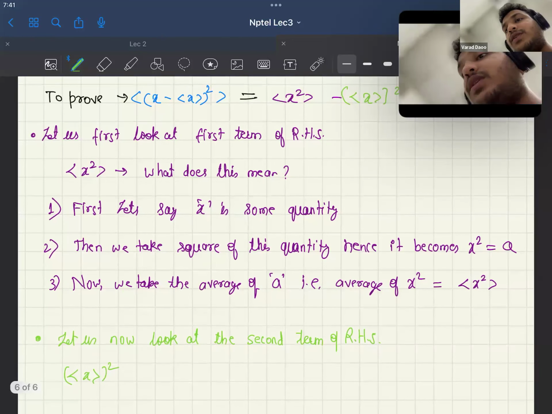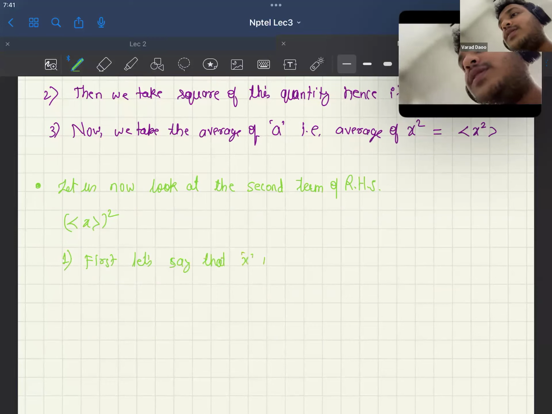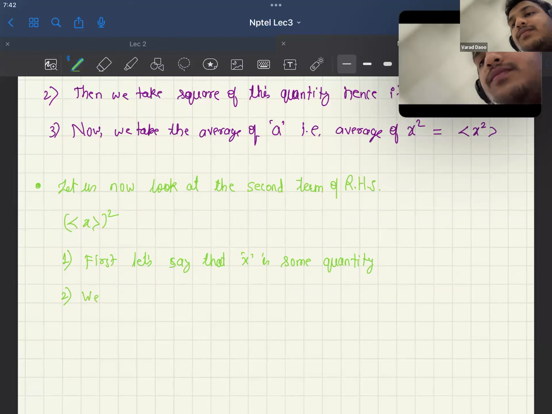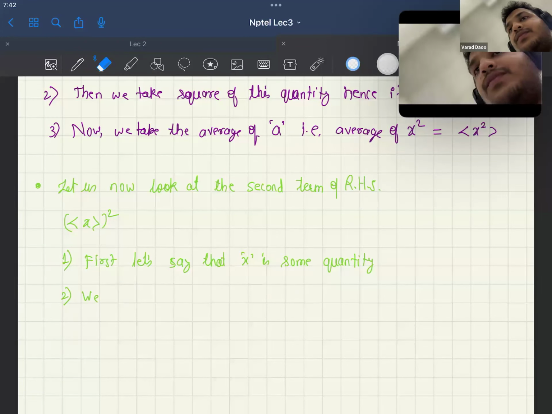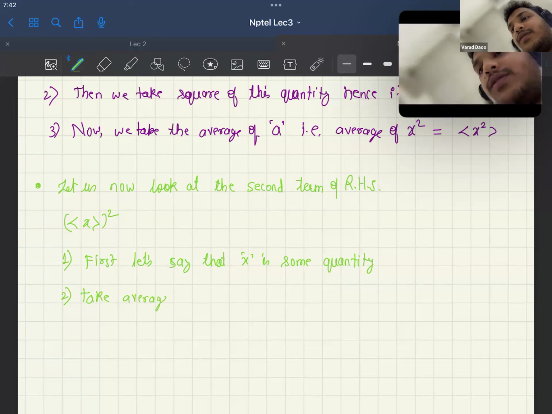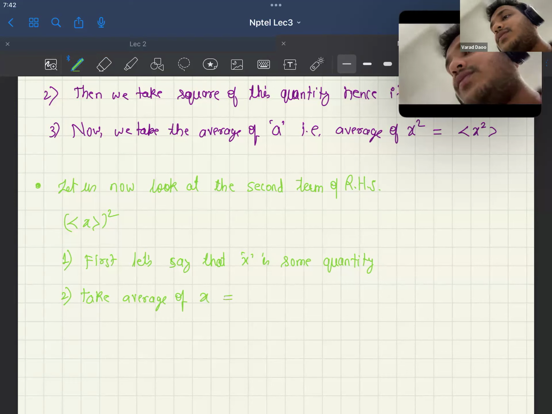So now first let's say again that x is some quantity. Now we take average of this x. What is this? Let's say this is denoted by b.